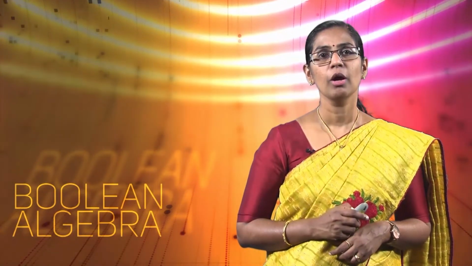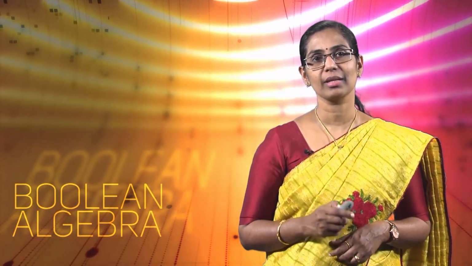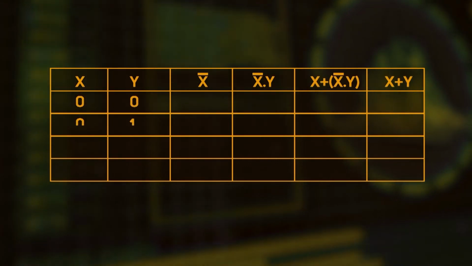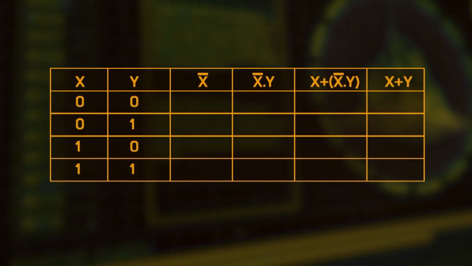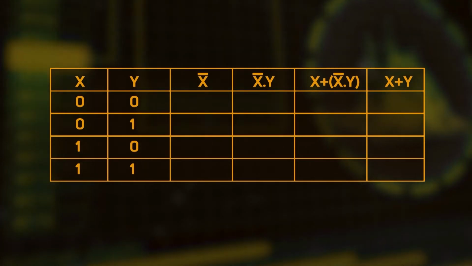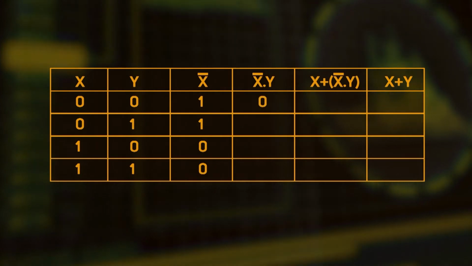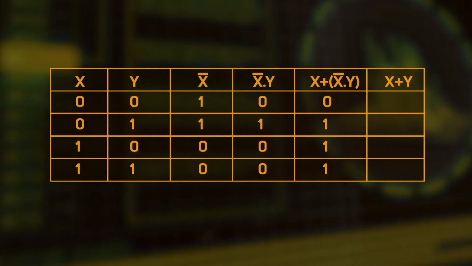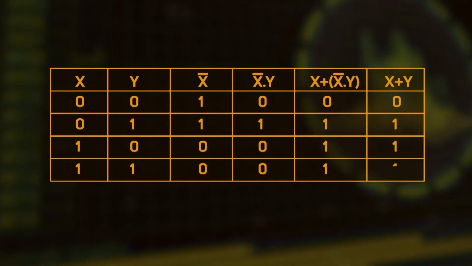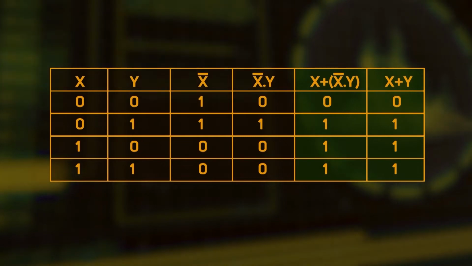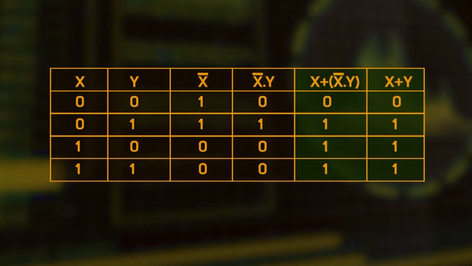For this, we have to create the truth table of both left hand side and right hand side expressions as given in the table. 0 0, 0 1, 1 0, 1 1 are the values of x and y. Then in the truth table, we fill the column x complement, then x complement dot y, then x plus x complement dot y, and the final column is x plus y. And you can see that the last two columns give the same values 0, 1, 1, 1.